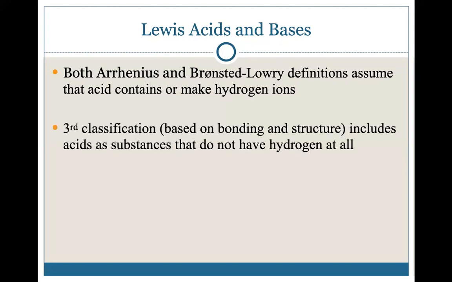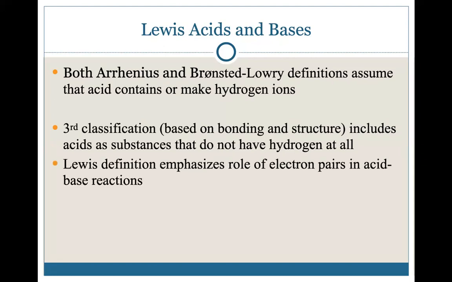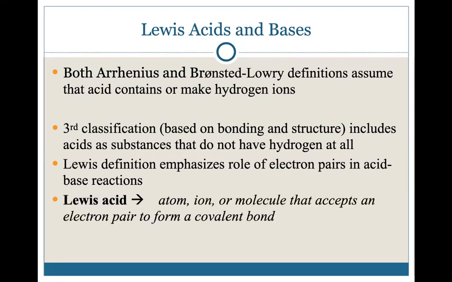The third classification for acids and bases are based on bonding and structure. This includes acids as substances that don't even have hydrogen. This is going to be the broadest, most inclusive definition for an acid and base. And Lewis emphasizes the role of electron pairs. And that's what I said in the previous example of ammonia, which I'll probably mention again.